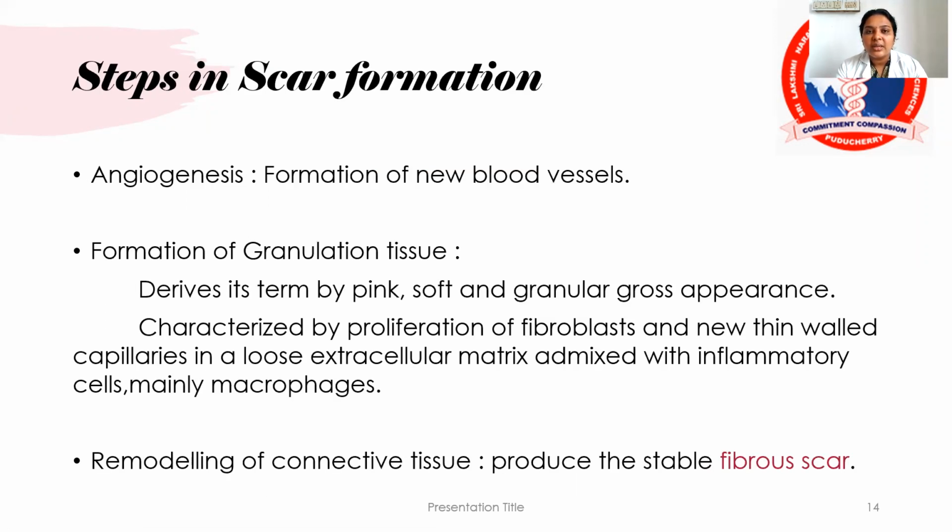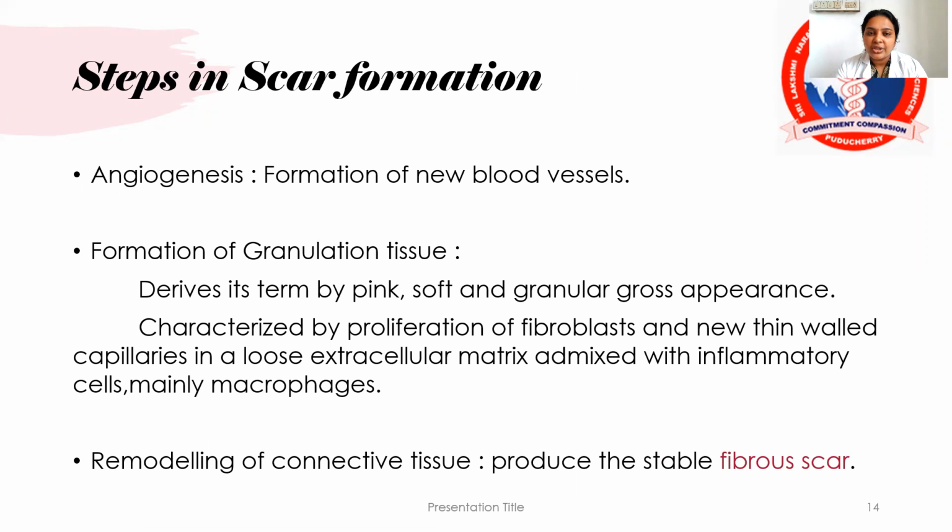So, what are the steps in scar formation? These are the three primary steps which are involved in scar formation, which include angiogenesis, formation of granulation tissue, and remodeling of connective tissue. What is angiogenesis? Formation of new blood vessels.